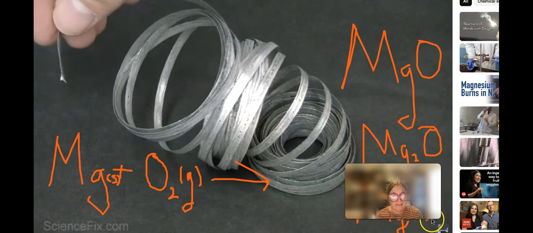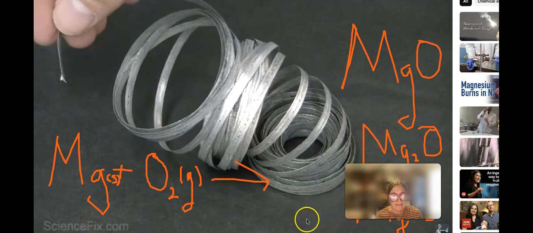And what the product is, you have to make sure you get the right one, because you get the product formula correct first and then you balance it. So which one is it? MgO, Mg2O, or MgO2? Well, at this point you might not know how to figure that out, but you can look it up on the internet.